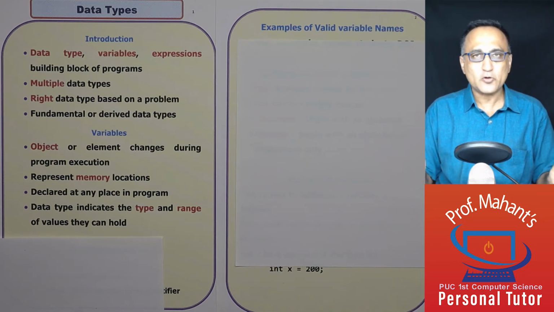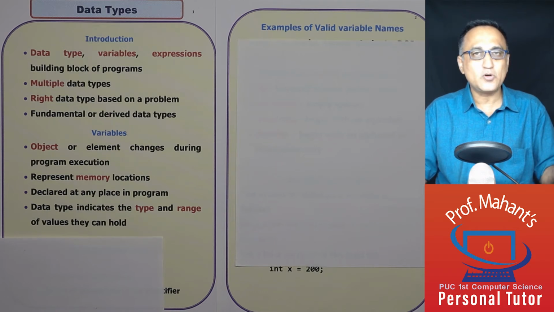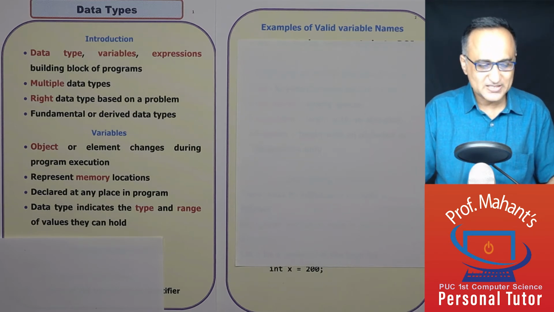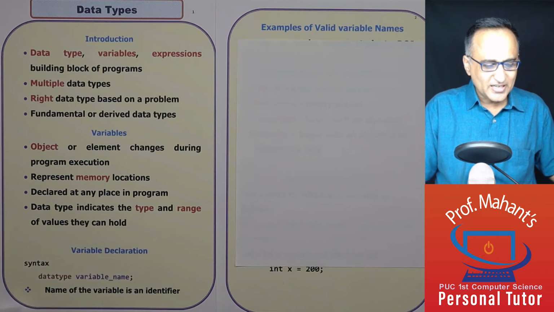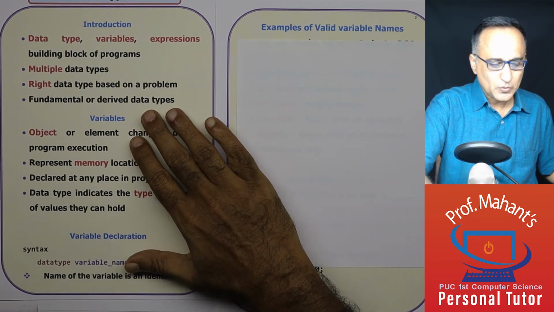And data type is also important because it determines the range of values it can hold. For example, a character can hold values between say 0 to 255 in 8 bits, whereas an integer in 16 bits, assuming it can hold plus and minus numbers, can hold 32,767 and minus the same magnitude on the left hand side.